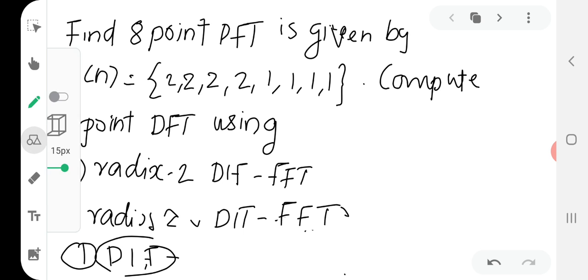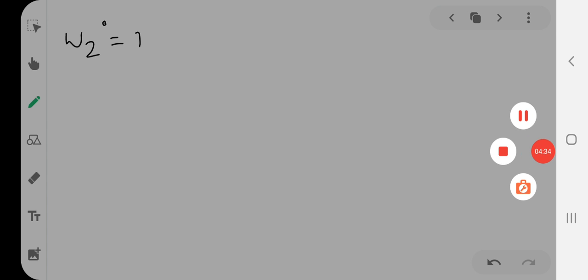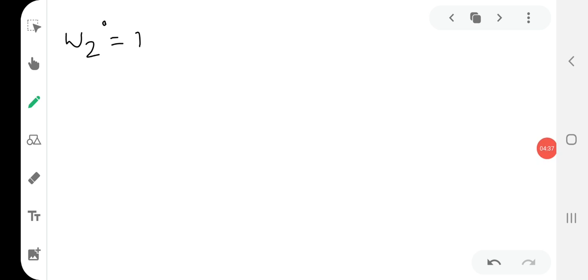In the first stage we have to consider the phase factor, which is W2 raised to 0, and that is equal to 1. That's why there is no need to consider it in this case.